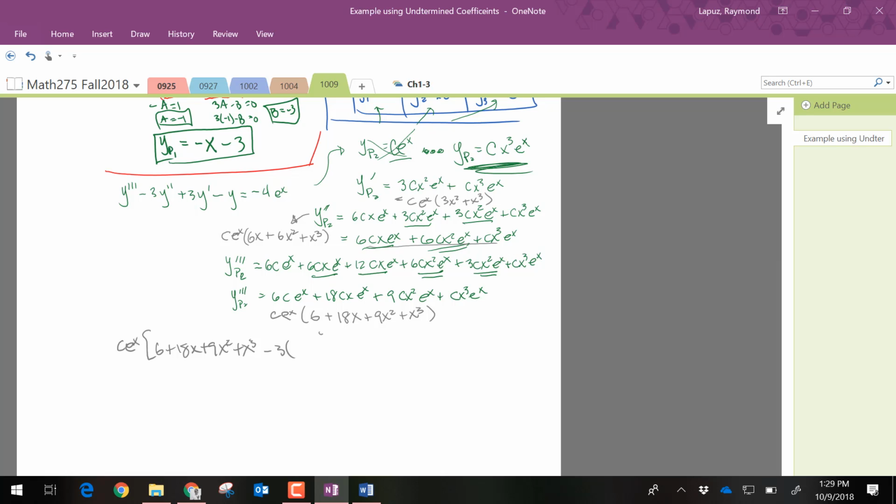And the y double prime, after we take out a c e to the x, is going to be 6x plus 6x squared plus x cubed. And then the y prime, after we take a c e to the x out, would be +3 times the thing here, 3x squared plus x cubed. And then after we take a c e to the x out, we just have an x cubed for that last one.